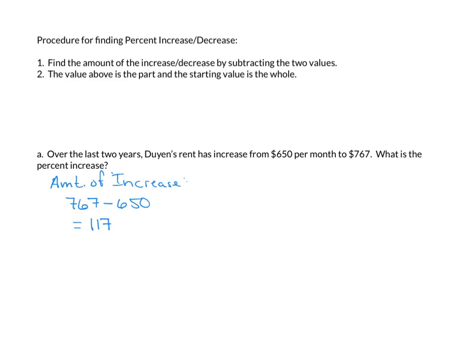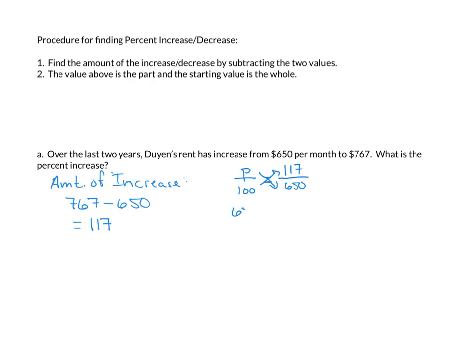Okay, when we set up our proportion, we're going to have P over 100. The value that we just found goes on top with our percent. And the value on the bottom is the original value. And so his rent started at $650. Okay, we go ahead and cross multiply.